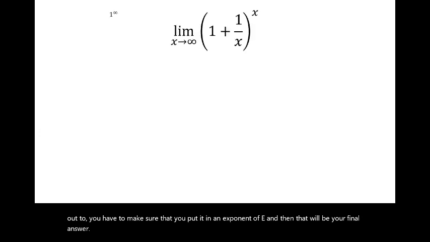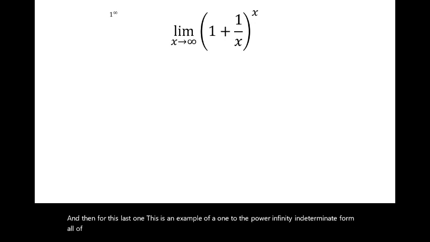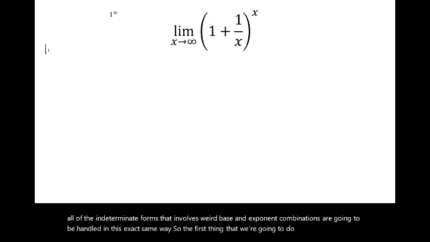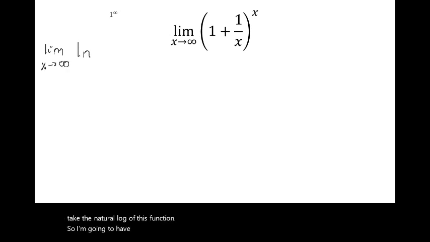And then for this last one, this is an example of a 1 to the power infinity indeterminate form. All of the indeterminate forms that involve weird base and exponent combinations are going to be handled in this exact same way. So the first thing that we are going to do is take the natural log of this function. So I'm going to have the natural log of (1 plus 1 over x) to the power of x.